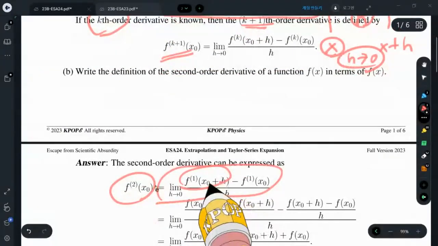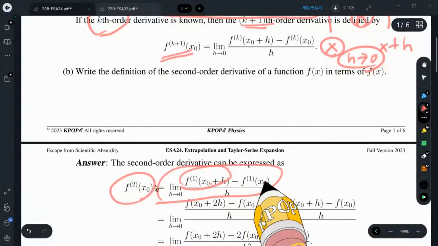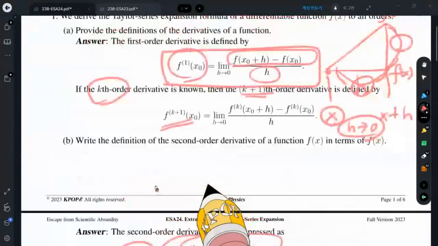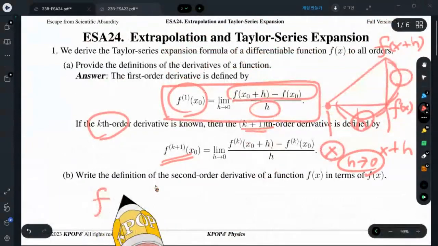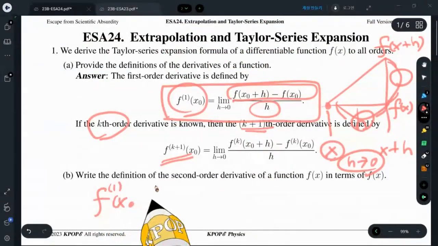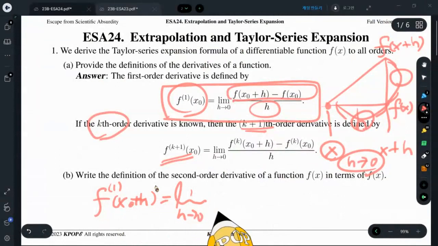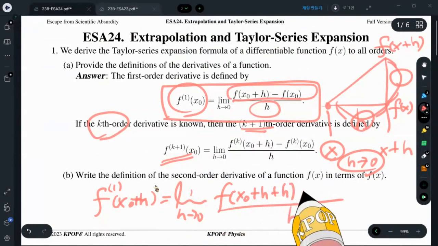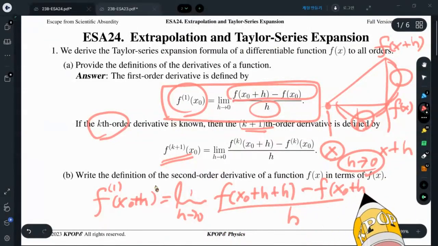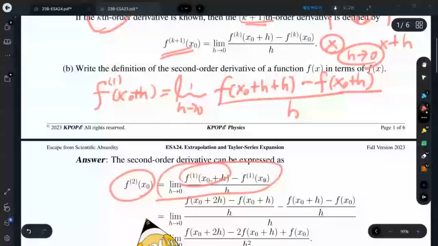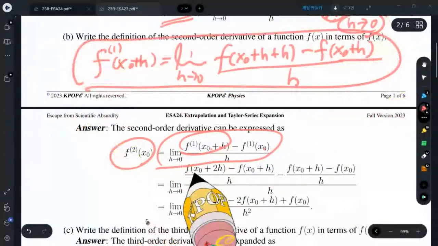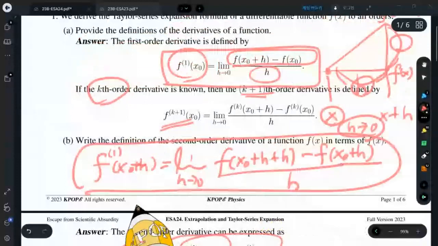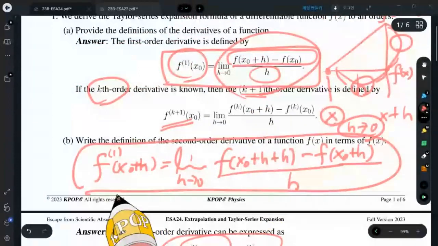The difference is that I have shifted x0 by h: x0 is replaced by x0 plus h, giving f of x0 plus 2h minus f of x0 plus h. Okay, so I substitute this one in here and this one in here.